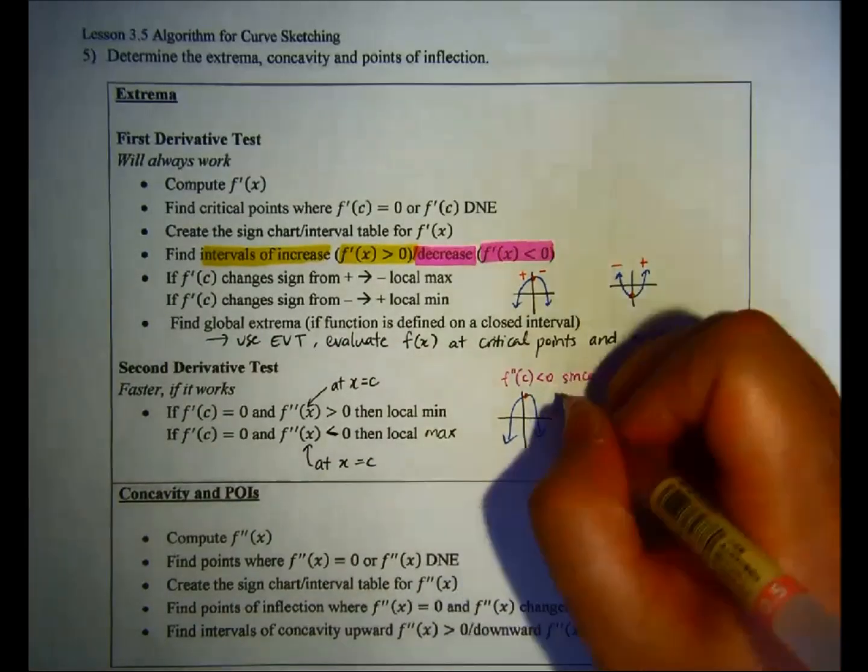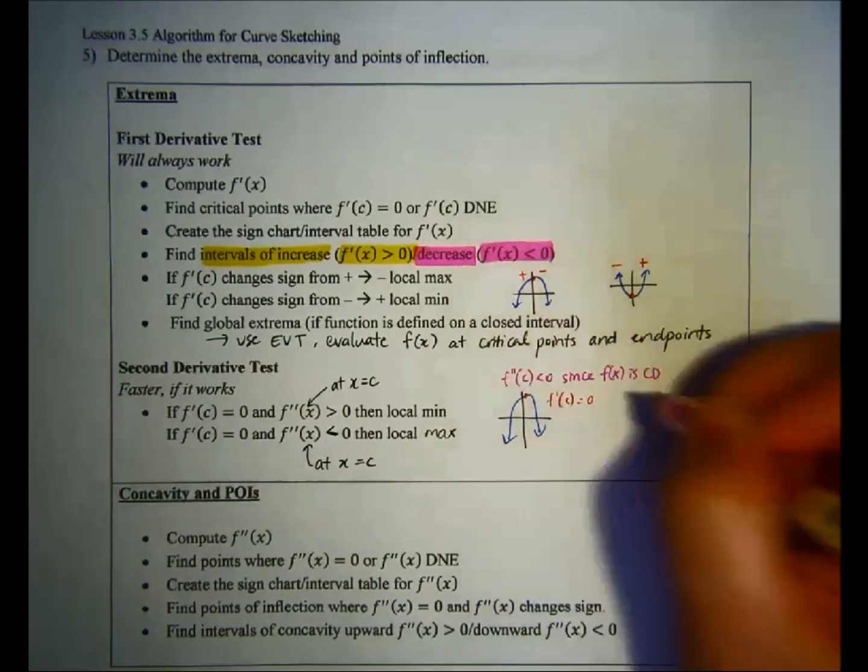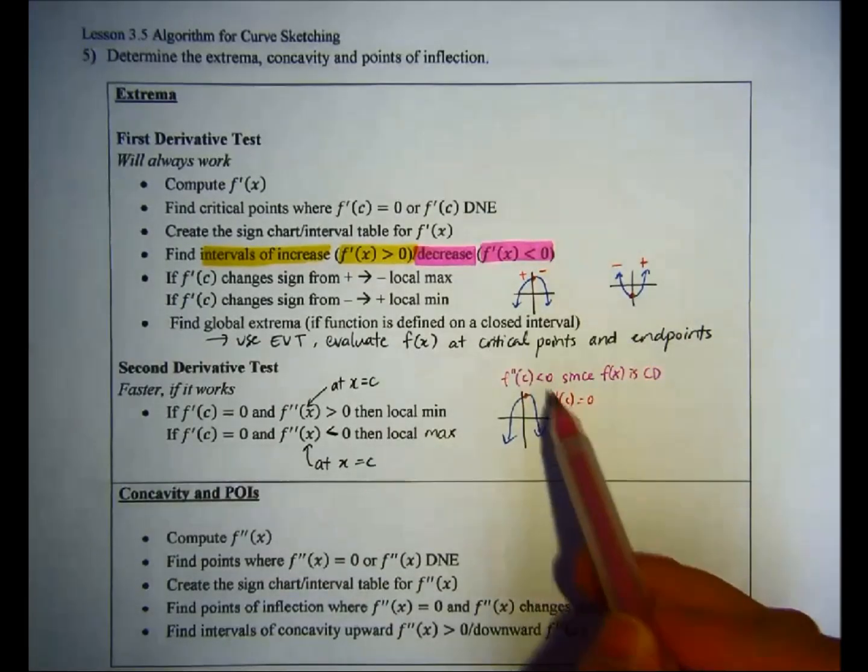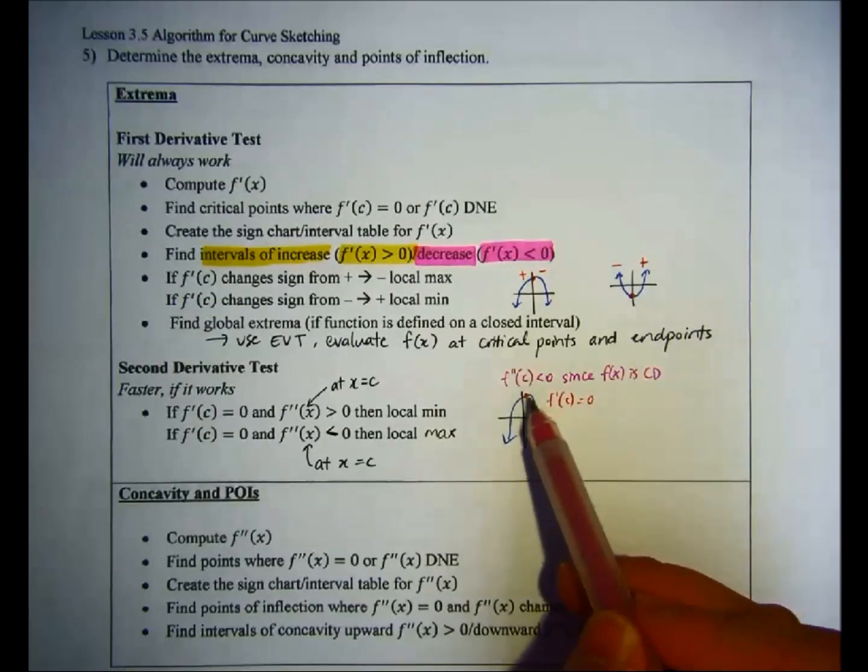But your f prime is equal to 0. You put these two together, and that's why you get a local maximum here.